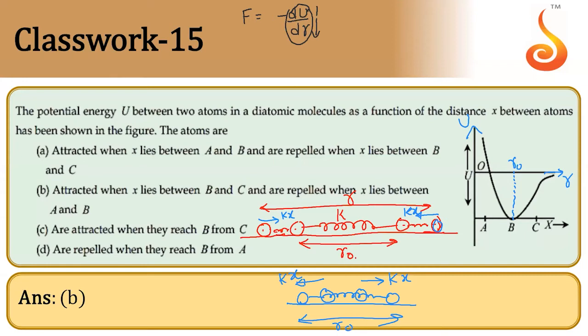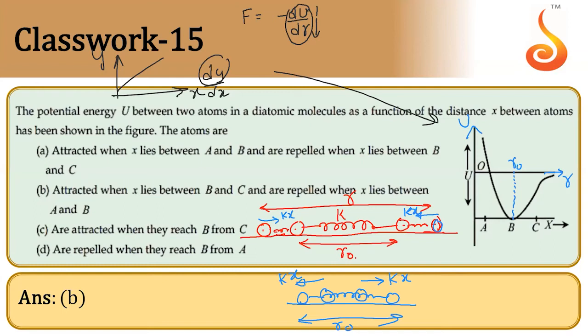It is something like this: this is the y-axis, this is the x-axis. What is dy by dx? Tell me, what is dy by dx? Slope only, no? In place of dy, what do we have here? dU.